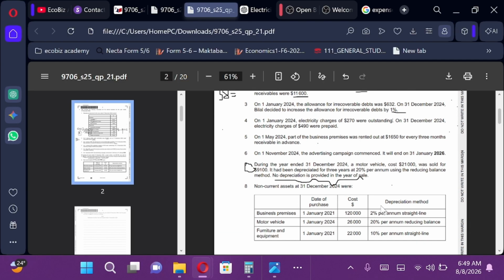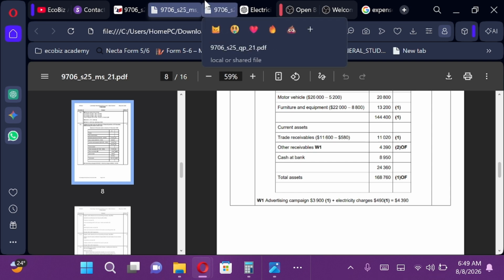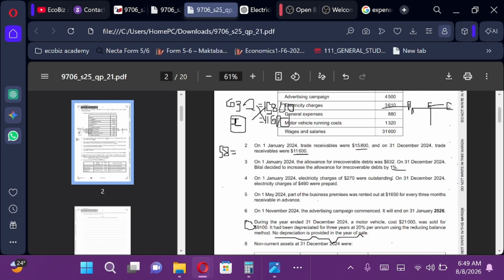Now to find the amount of electricity charges, funny enough, it says here on 31st of December 2024, electricity charges of 490 were prepaid.